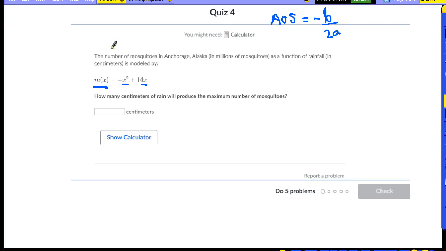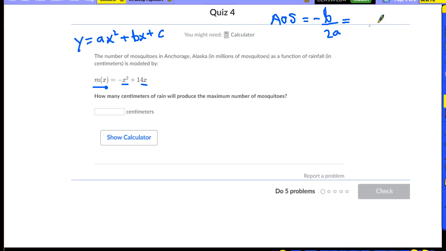And in this case, our equation looks like this. It's y equals ax squared plus bx plus c. And in this case, we have an a in front of the x squared, and we have a b in front of the x, but we have no c. But all we need is a and b. So we're going to go ahead and plug in the numbers.